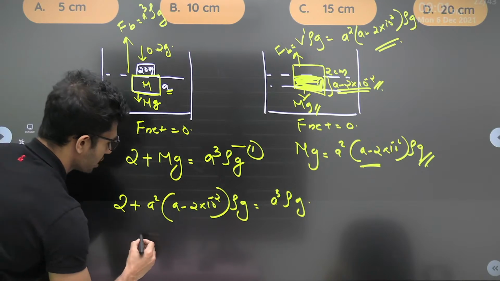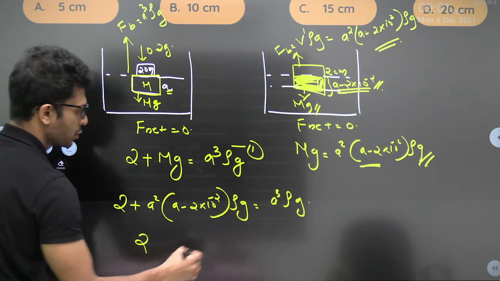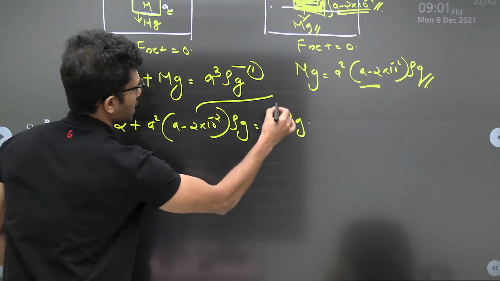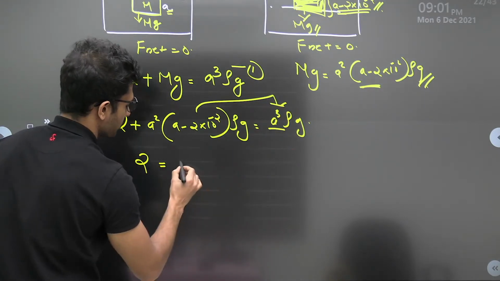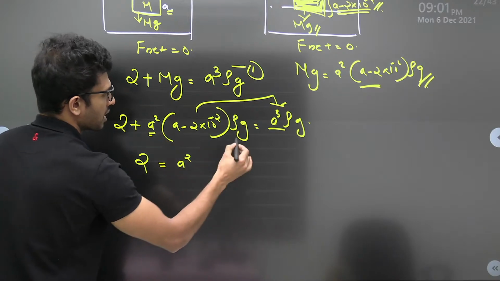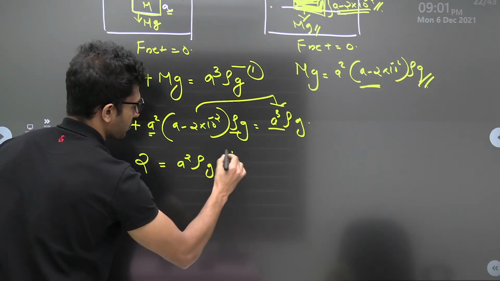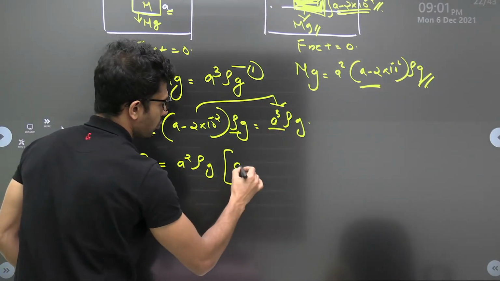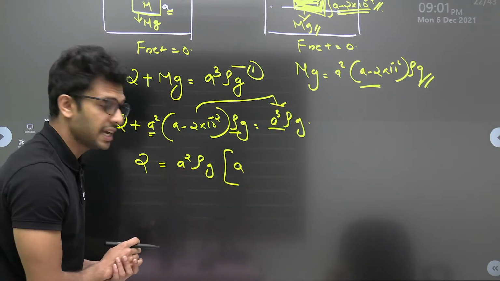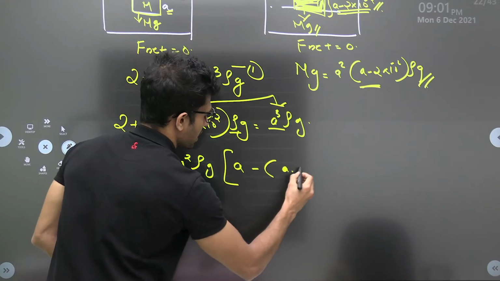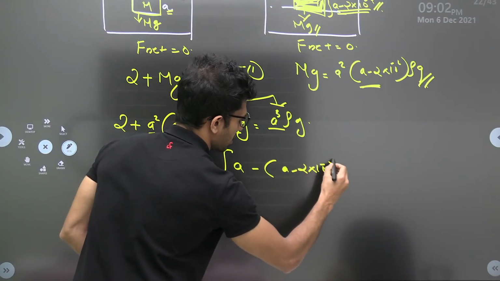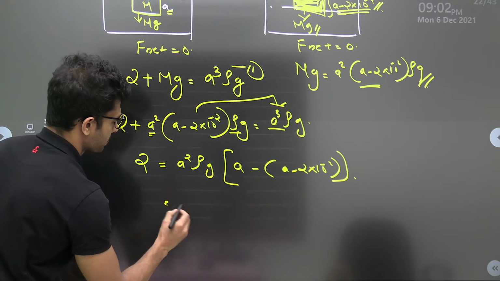Now keep 2 here. Take this to the left hand side of the equation. Taking commons, A square is common, rho g is common. Here what is remaining? A is remaining because you take A square outside. What is remaining here? Whatever is there in the bracket, minus A minus 2 into 10 power minus 2. हो गया.